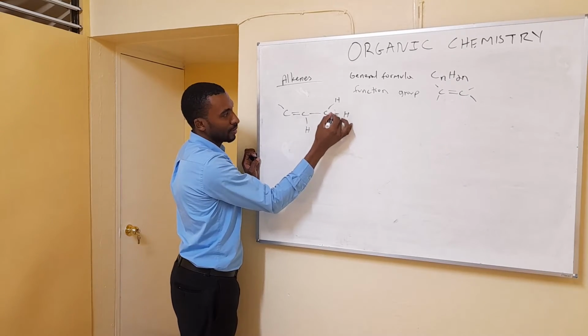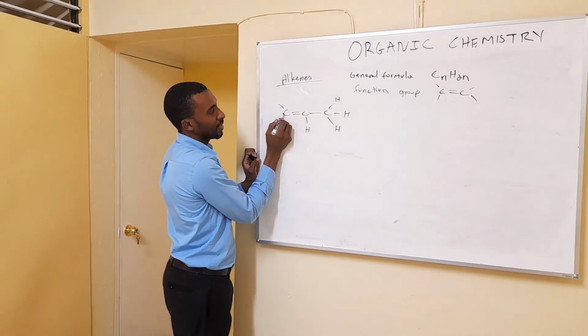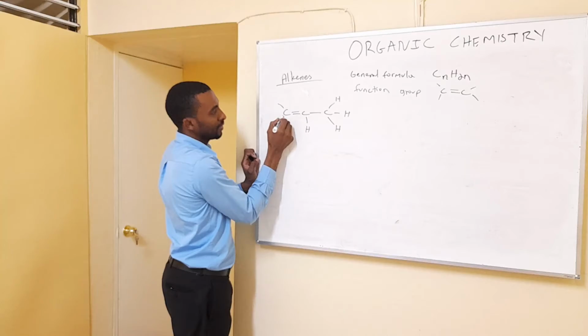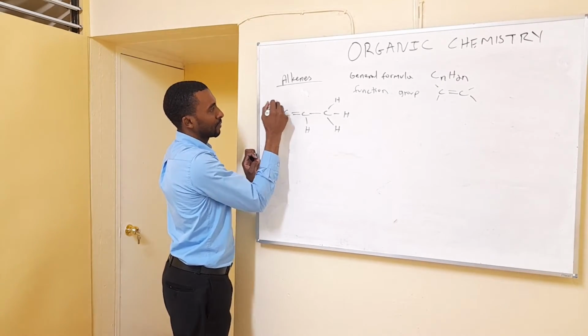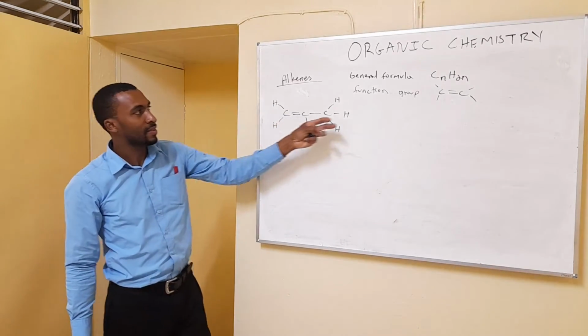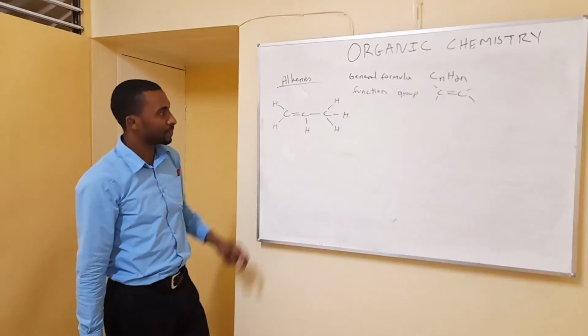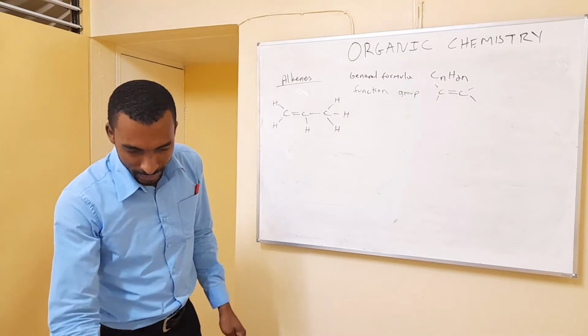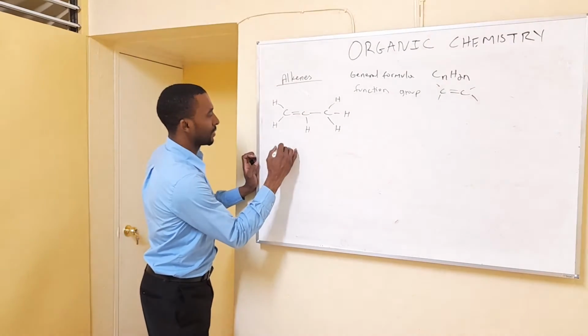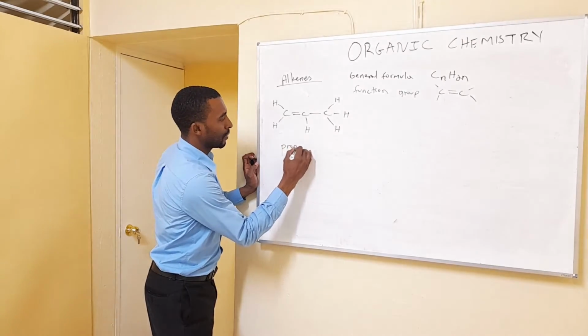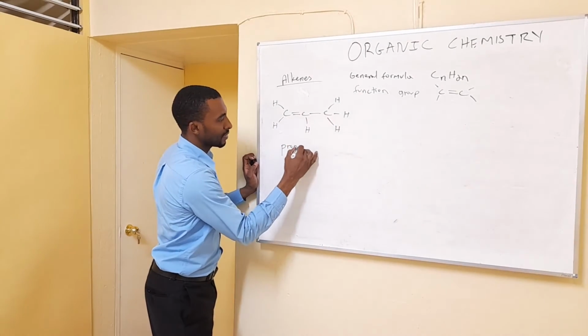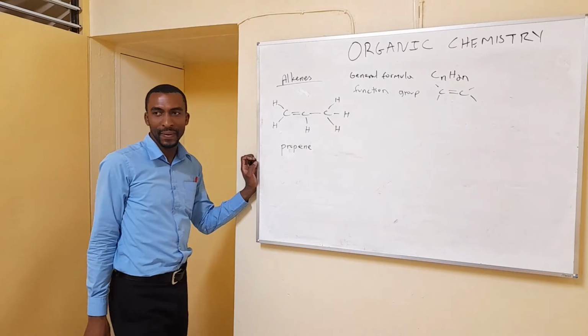This one, 1, 2, 3, 4. This carbon atom, 1, 2, 3, 4. Following? And this is alkenes, the functional group double bond, right? And the name for this molecule is prop, 3 carbon atoms, ene. Alright?